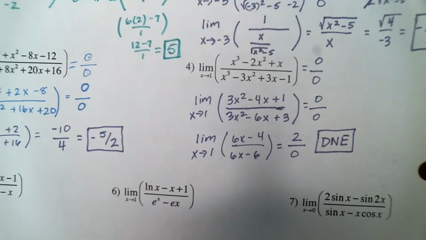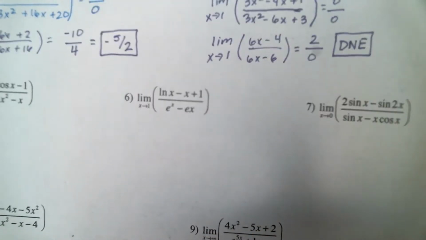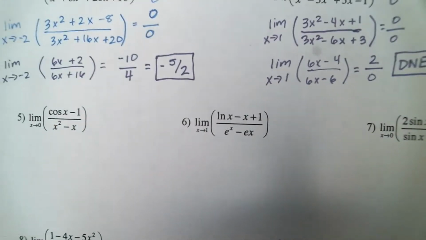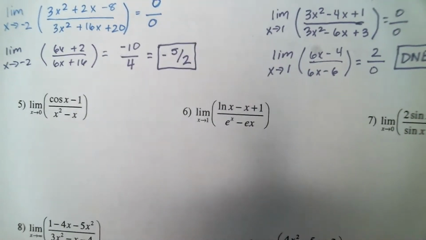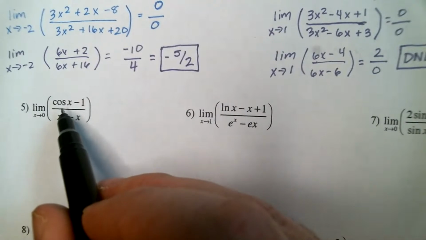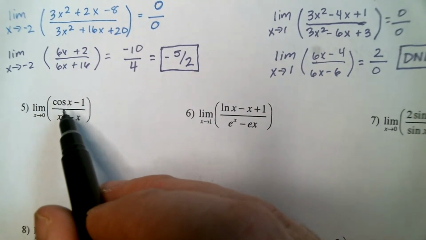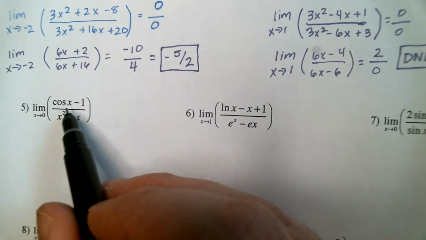All right, let's jump down here to 5. Okay, so 5. If we take the limit of this, if we plug in a 0 there, what's cosine of 0?